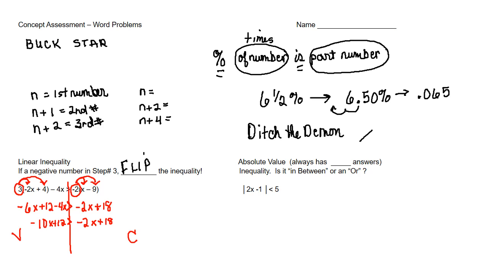Notice how I'm working from left to right. We're going to take away the 12 and take away the 12. You get a negative 10x greater than the negative 2x plus 6. Now we're going to add the 2x.